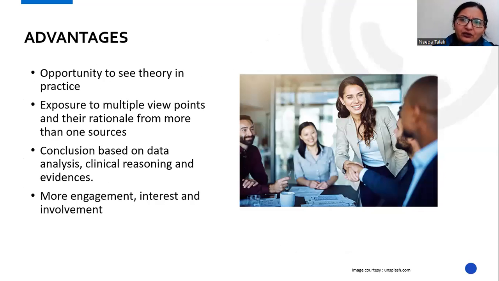There can be a little bit of overlap between active learning goals and advantages. But when you take up case-based learning as an individual pedagogy practice, this is an opportunity to see theory in practice. Now, how does it matter? Let's say, for example, rheumatoid arthritis has certain clinical features. Now, all patients need not have all those features.